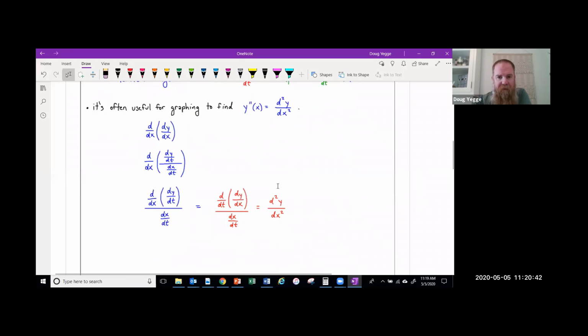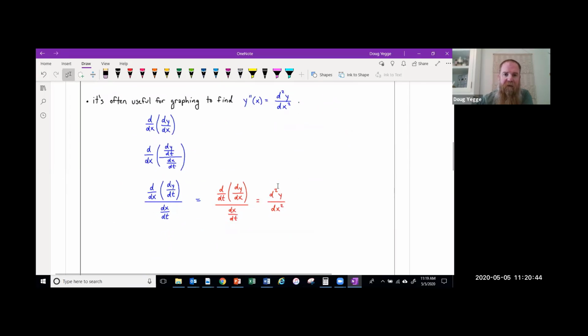Well, let's take a look at this next component here, trying to find the second derivative of y with respect to x. So keep in mind what d squared y over dx squared means. This is notationally very important for Calculus 3. Look at what that's actually referring to. It's telling me to take d/dx of the derivative that I already have. d/dx is the operator that says to take the derivative of dy/dx, which is already a derivative.